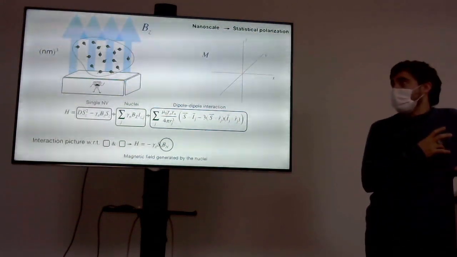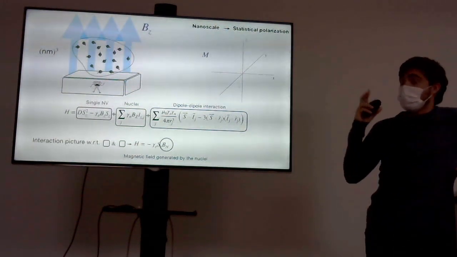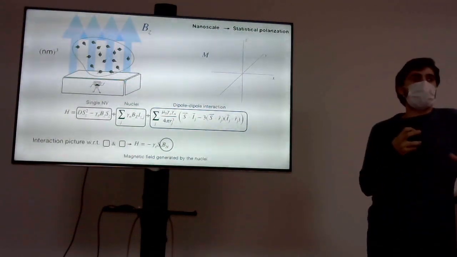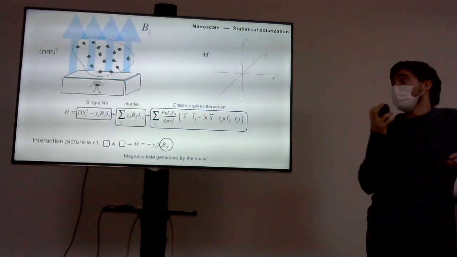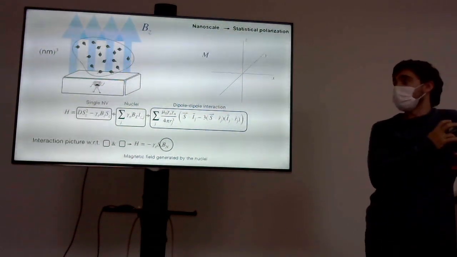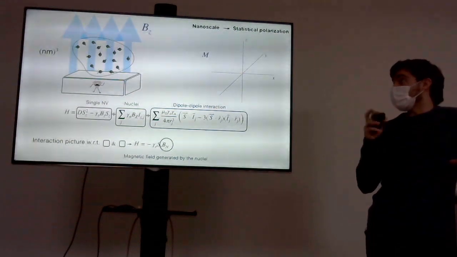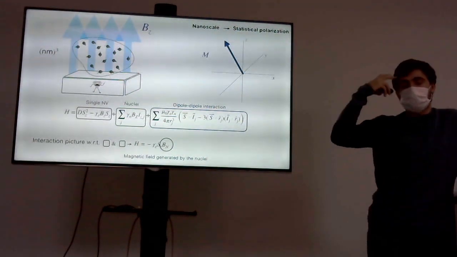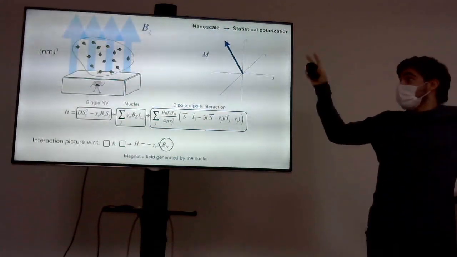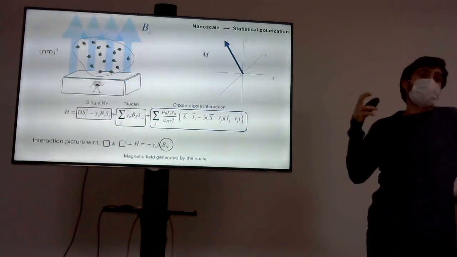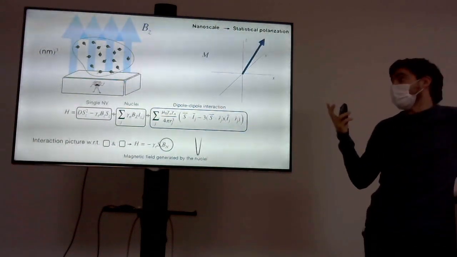So as a result, even if the average polarization is 0, it fluctuates a lot, and instantaneously it may have a given polarization at some direction in space that will cause a given magnetic moment. For example, this one. This magnetic moment has an orthogonal component to the external field, so it will rotate and emit a signal.